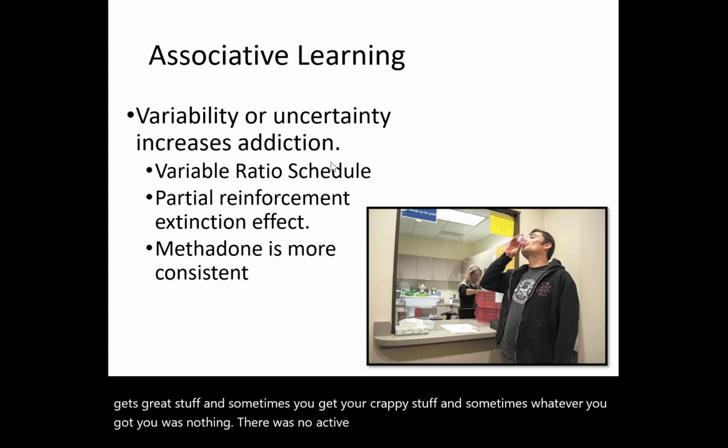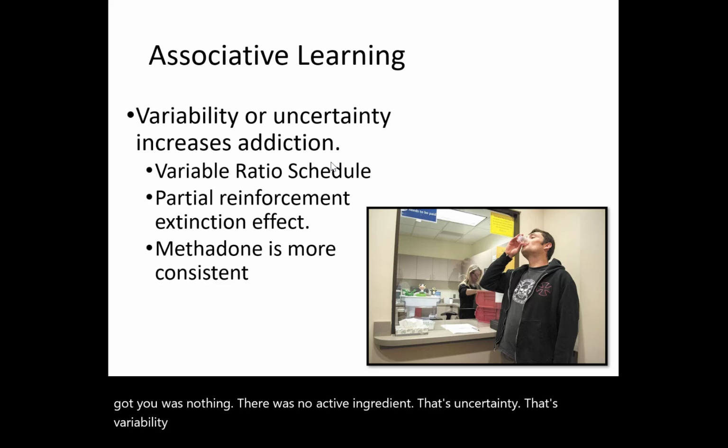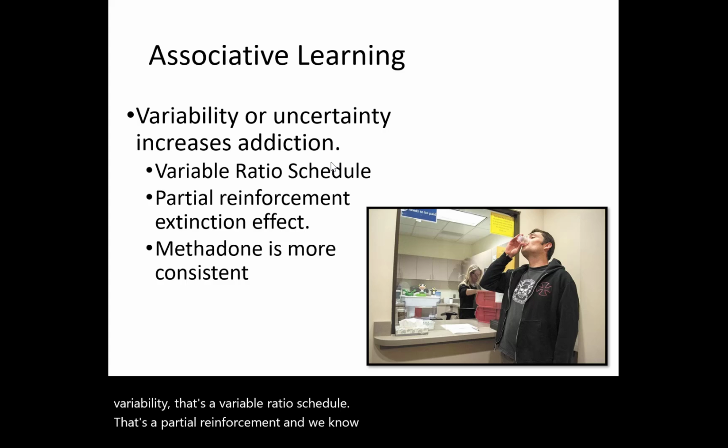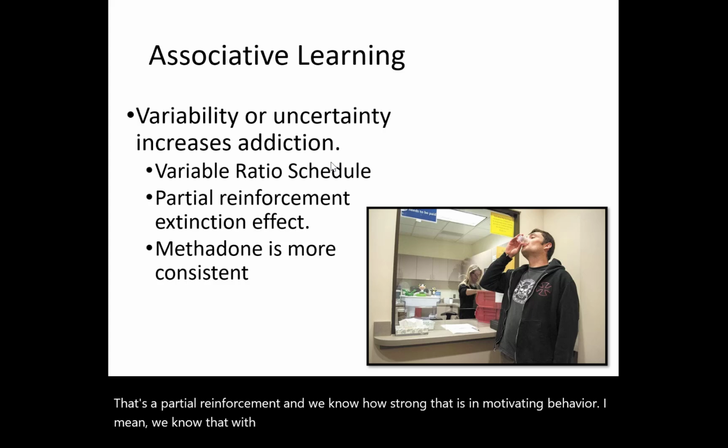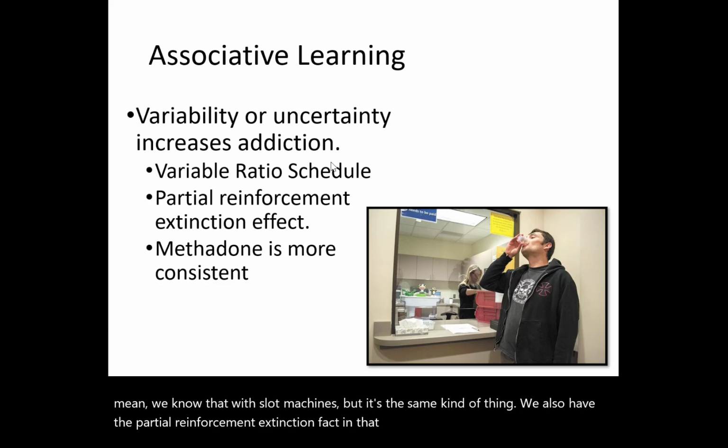That's uncertainty. That's variability. That's a variable ratio schedule. That's a partial reinforcement. And we know how strong that is in motivating behavior. I mean, we know that with slot machines, but it's the same kind of thing. We also have the partial reinforcement extinction effect in that behaviors resist extinction that are partially reinforced.